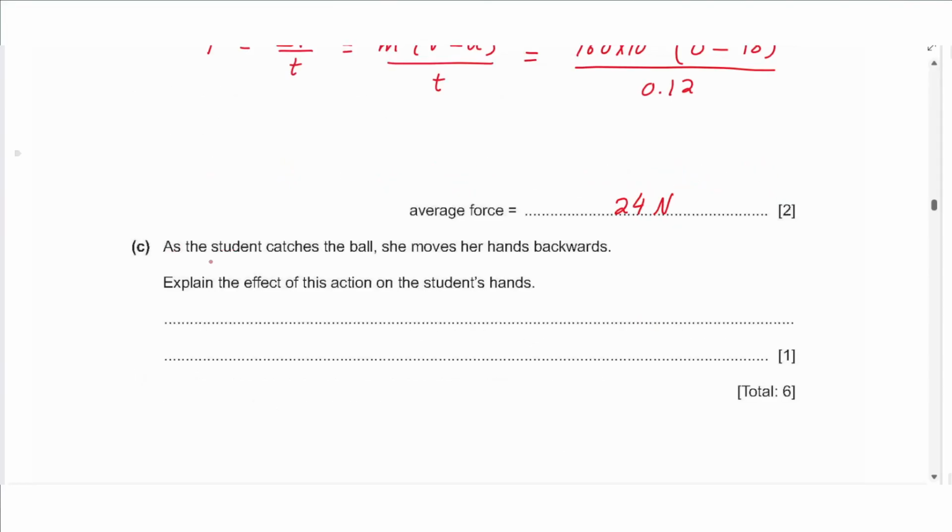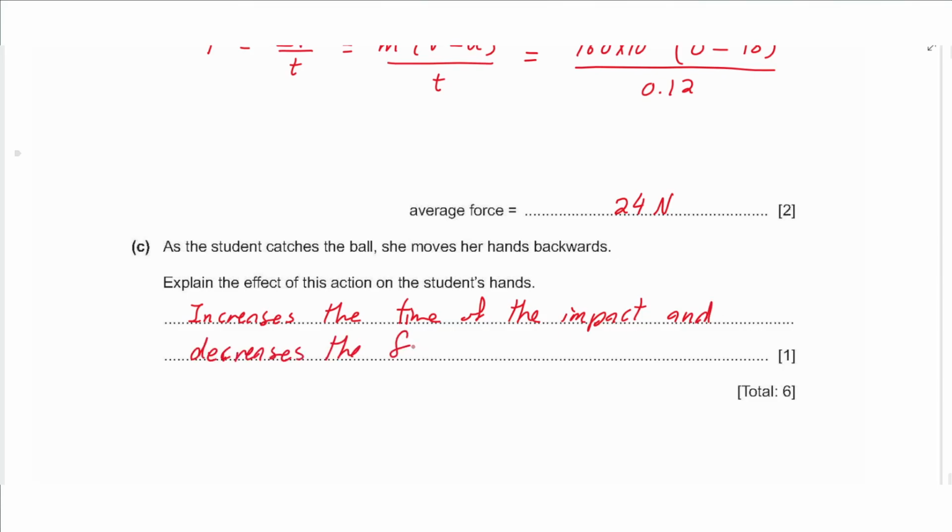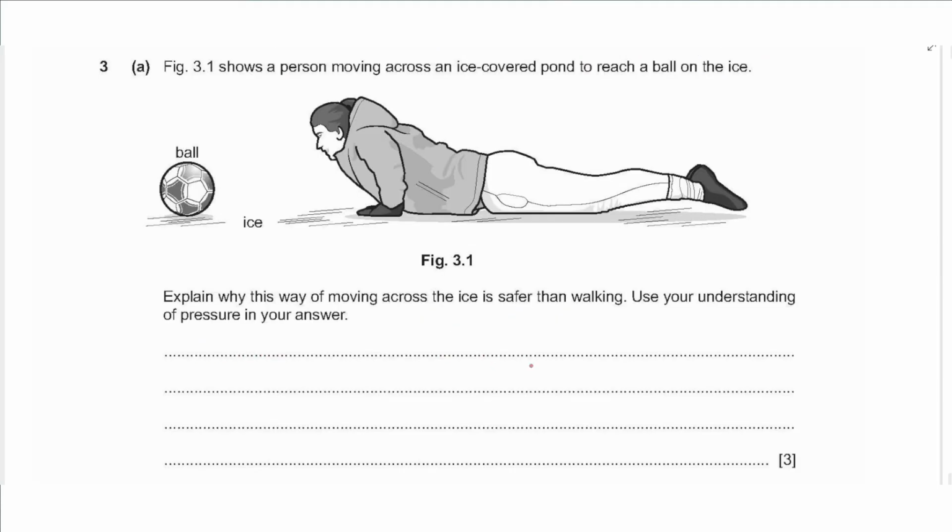Part C says as the student catches the ball, she moves her hands backwards. Explain the effect of this action on the student's hands. So this increases the time of the impact and decreases the force of the collision. Question 3a says figure 3.1 shows a person moving across an ice-covered pond to reach a ball on the ice.